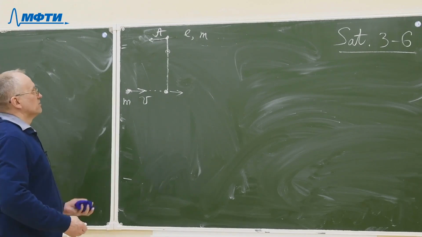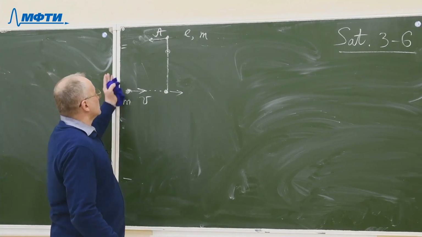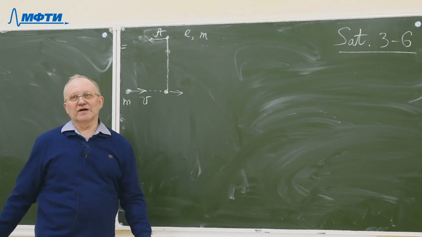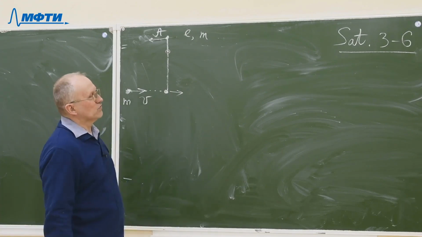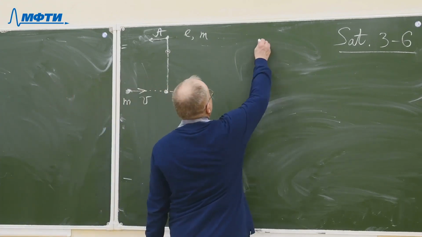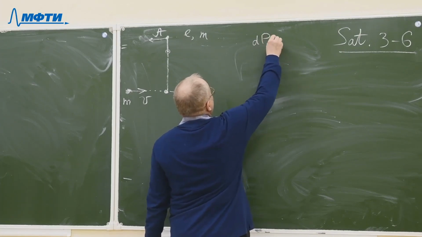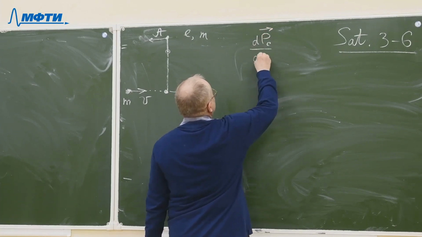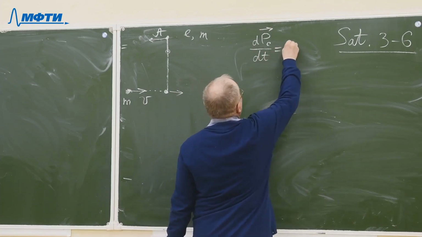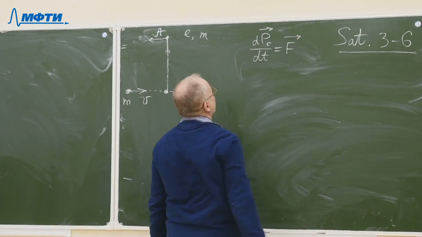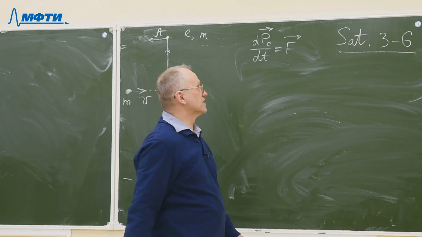We don't have to take them into account. So this is a closed system, no other forces act on it, and therefore the second Newton's law applied to the center of mass of the system of bodies.